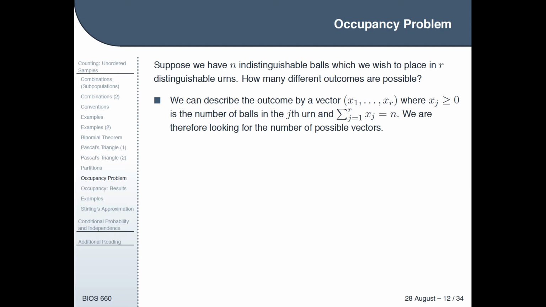Mathematically you can think of this as, say you have a vector x1 up to xr, and each xj is the number of balls that you put into the jth urn, and we have to put every single ball into an urn, so the total number of balls in the urns has to sum up to n, and we're looking for the number of different ways that you can put n balls into r urns.